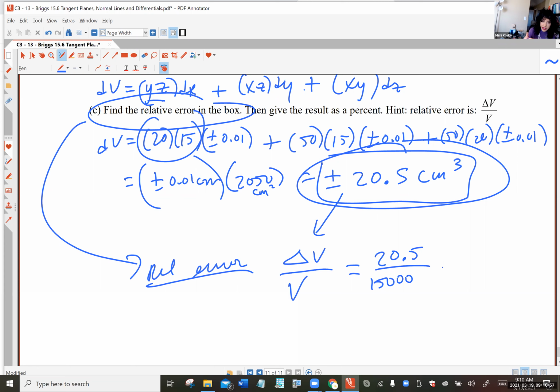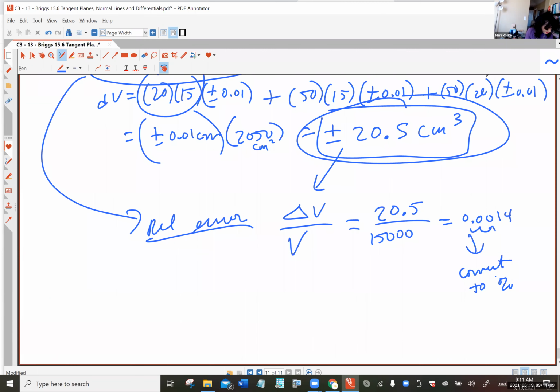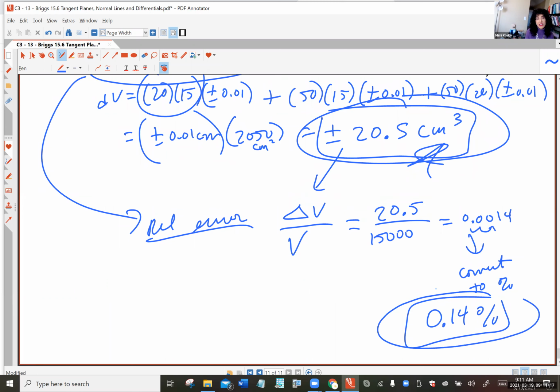And then you divide by the measured volume, 15,000, and I get 0.0014. And when I convert to percent by moving the decimal place over 2 spots, I get 0.14%. So it does seem like the volume is off quite a bit, but relatively speaking, it's only off by a fraction of a percent. So I guess it's not too bad.